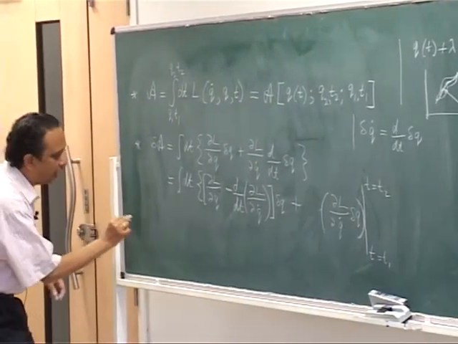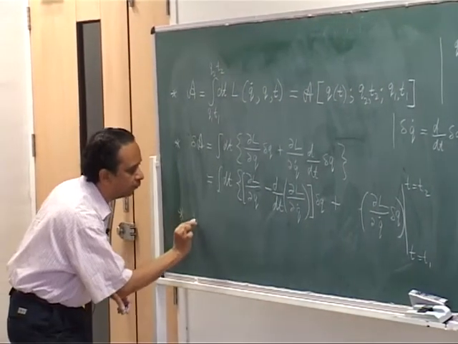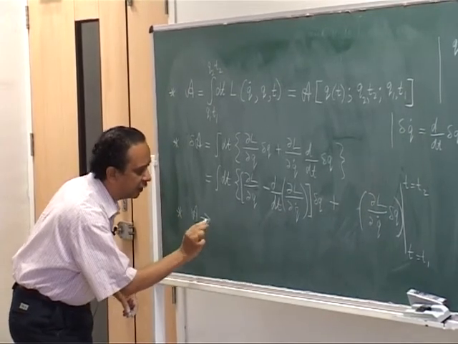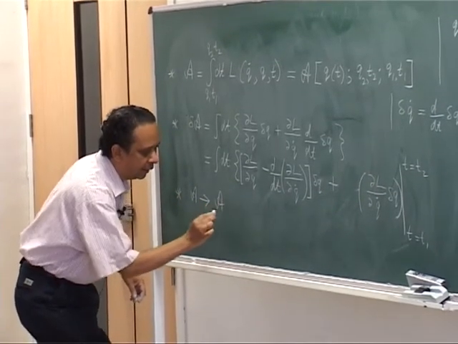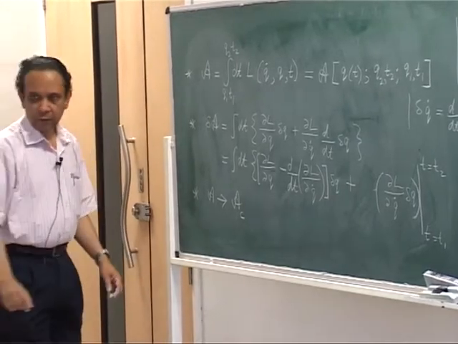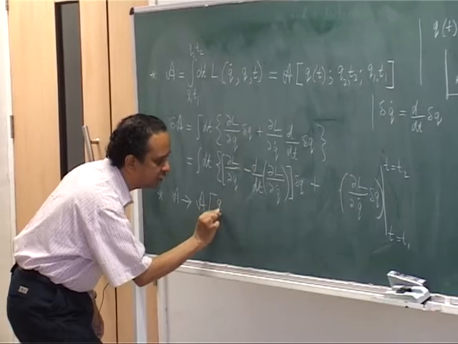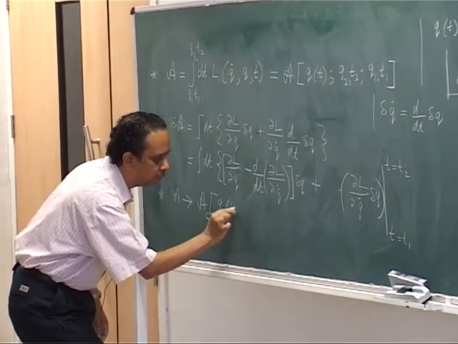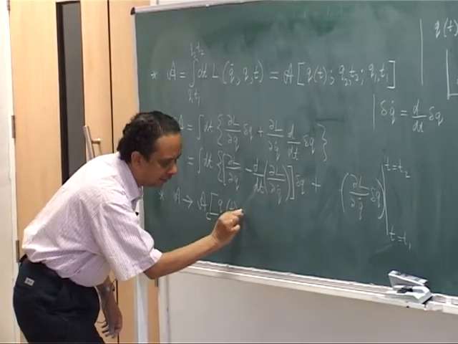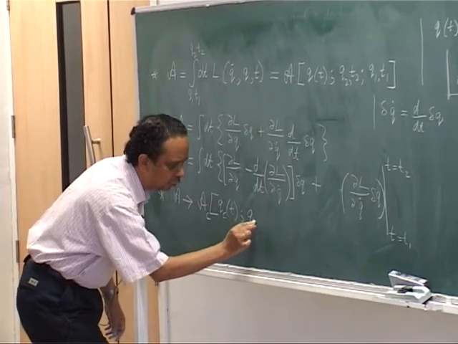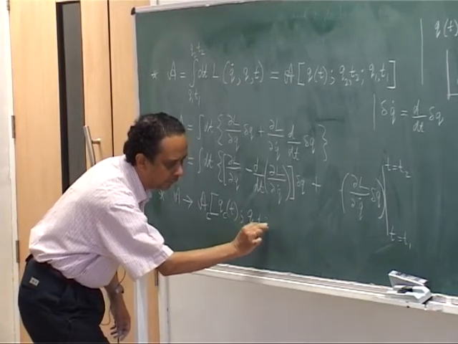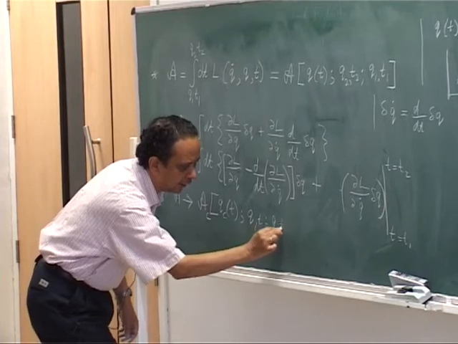So, what I am going to do now is, from the action I am going to abstract away the following object AC, which is by definition evaluated for QC of t and is treated as a function of Qt and some Q1 T1, let us say.